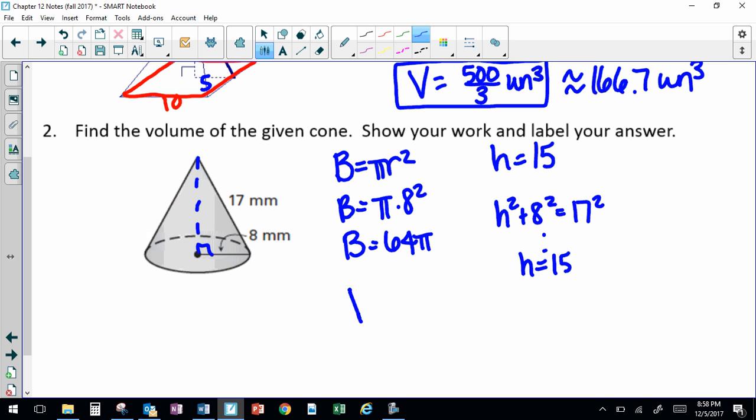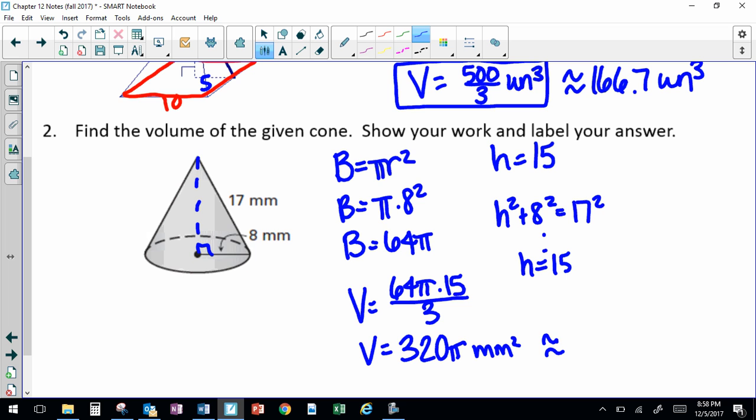So then we'll do volume is 64 pi times 15 divided by 3. So 64, we get 320 pi for the exact answer of cubic millimeters.